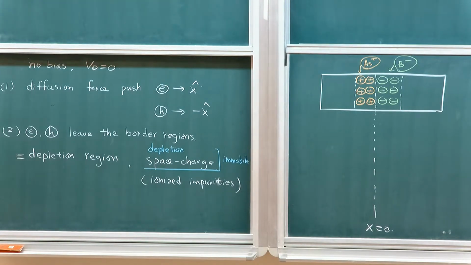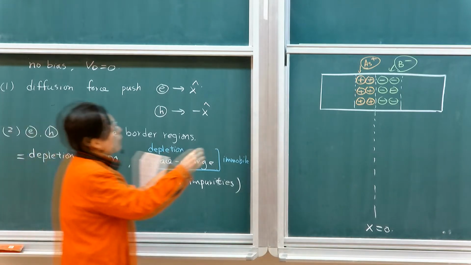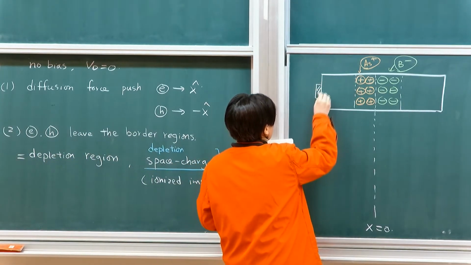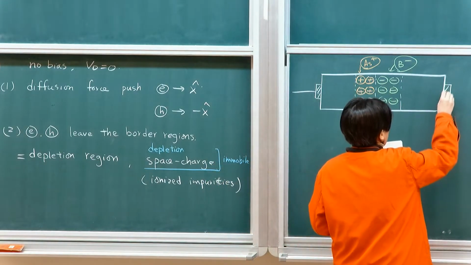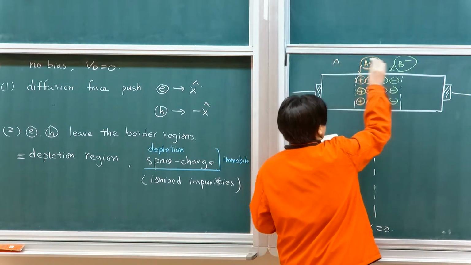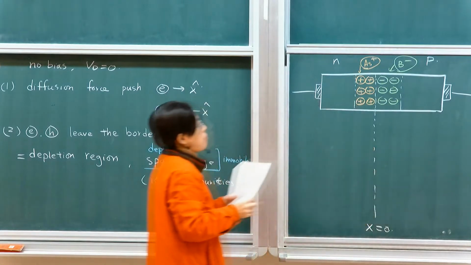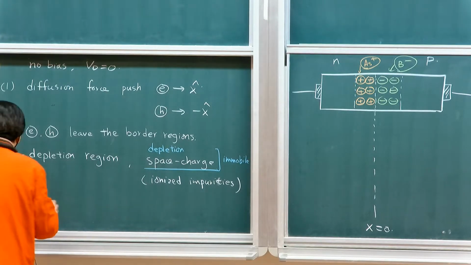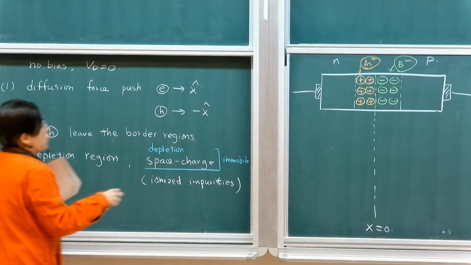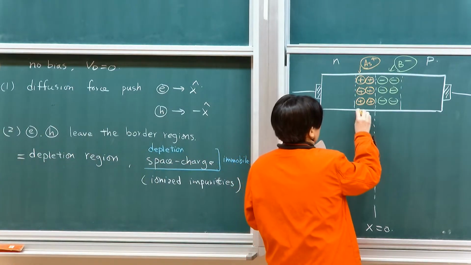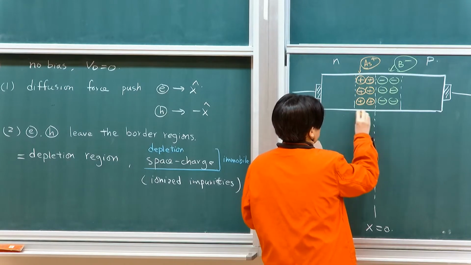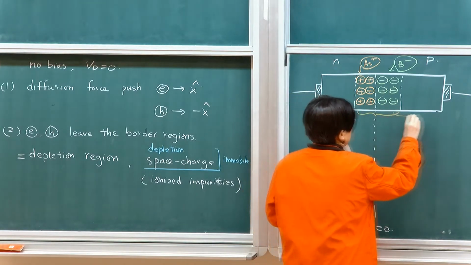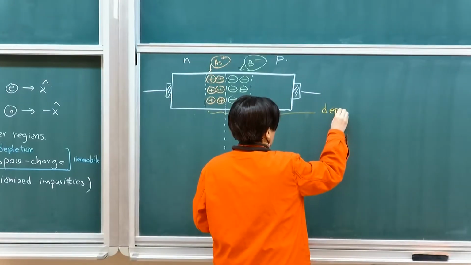Again, this is just the connection to the external circuit. This is the n side, this is the p side. Once you have this charge displaced, this region is referred to as the depletion region.